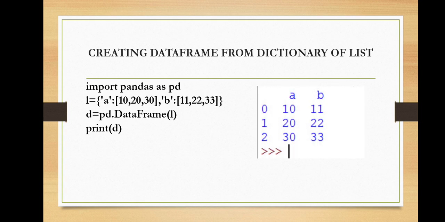See, the key names become the column names, right? A and B are the keys, so they become the column headings because we have not provided the column attribute. And the list provided with the A key will form the values of the A column. The list provided with the B key will form the values of the B column, right?